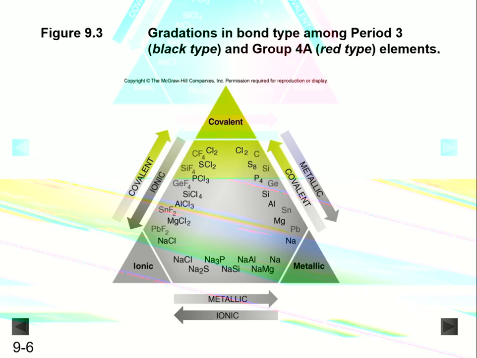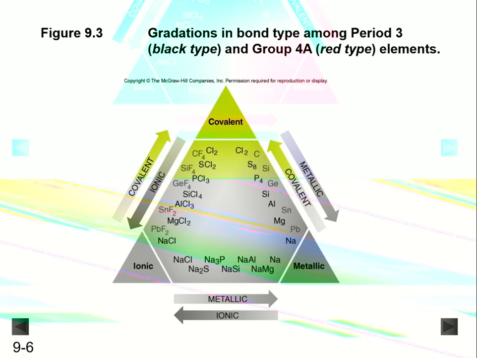On the third side of our triangle, we see the transition between covalent and ionic interactions. In this case, we're looking at compounds involving, in the red, the group 14 elements, or group 4A: carbon, silicon, germanium, tin, and lead, bonding with fluorine.